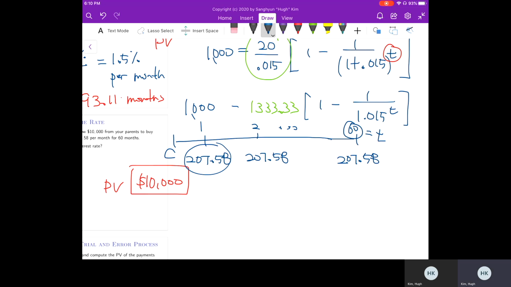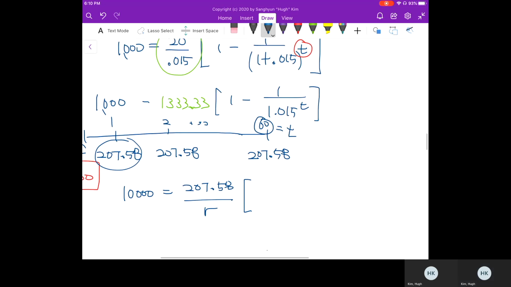So let's first set up the equation. 10,000 is equal to 207.58 divided by R, which is the unknown, times 1 minus 1 over 1 plus R raised to the power of 60.